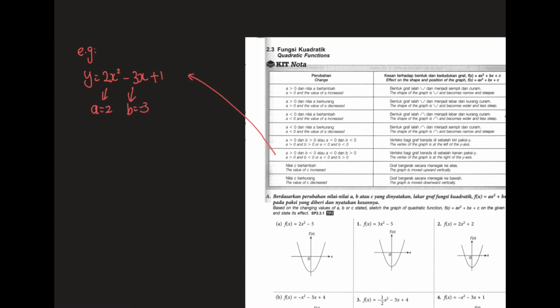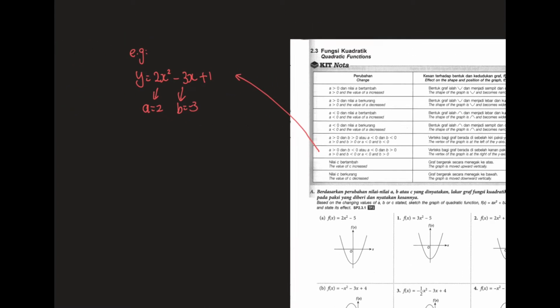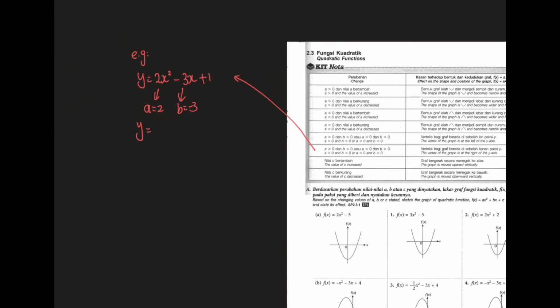Okay, so for this case, the information given there, see it again. The vertex of the graph is at the right of the y-axis. So let's see how true this is. Okay, so we factorize it. 2x minus 1, x minus 1. Okay, so we factorize it already. And then 2x minus 1 equal to 0, x equal to 1 over 2, x minus 1 equal to 0, x equal to 1.